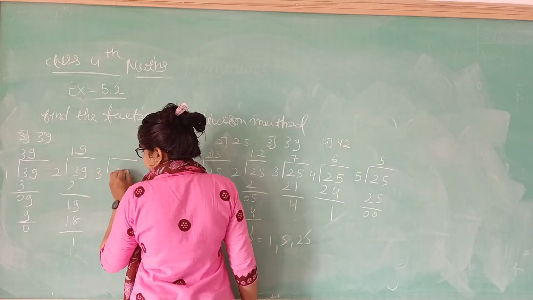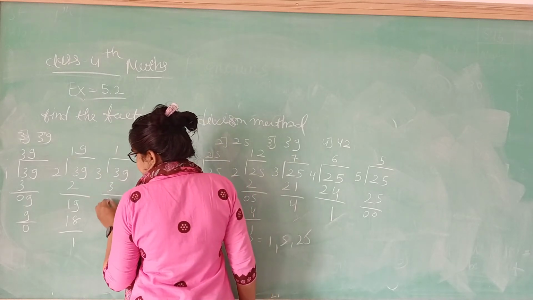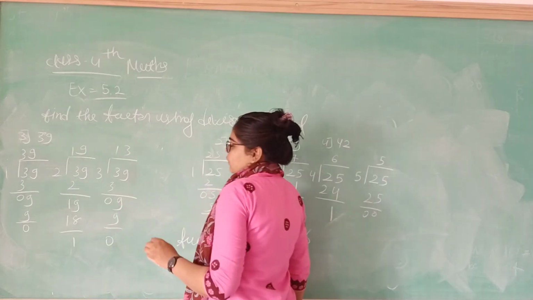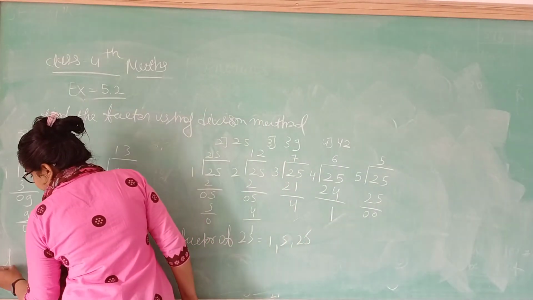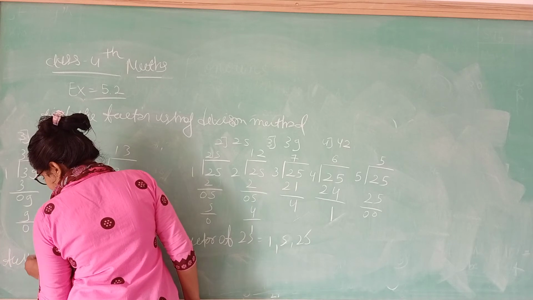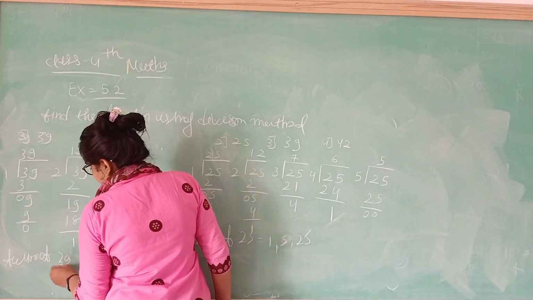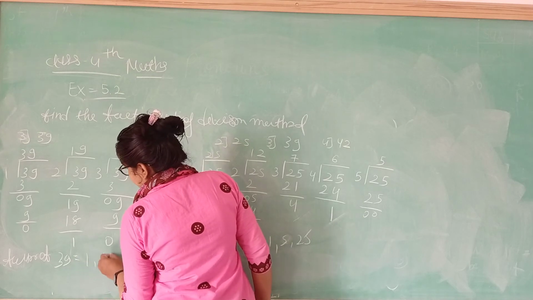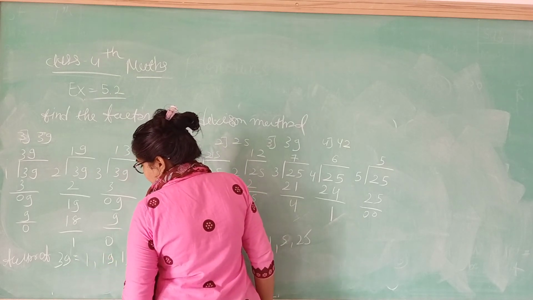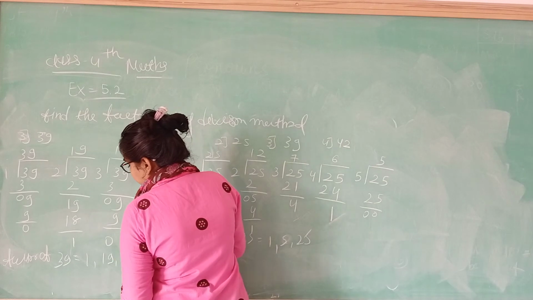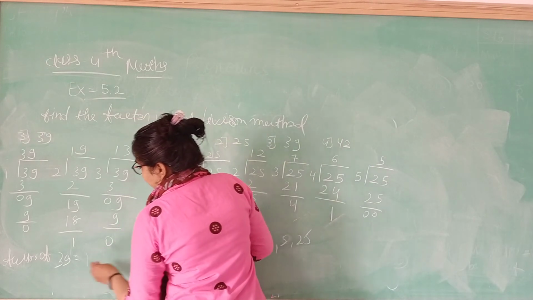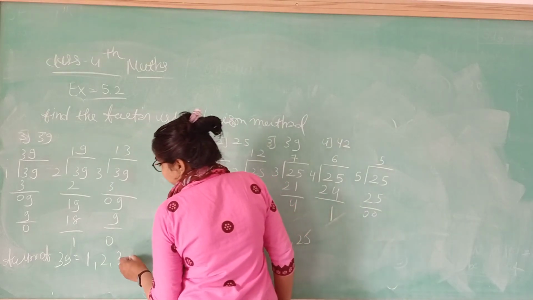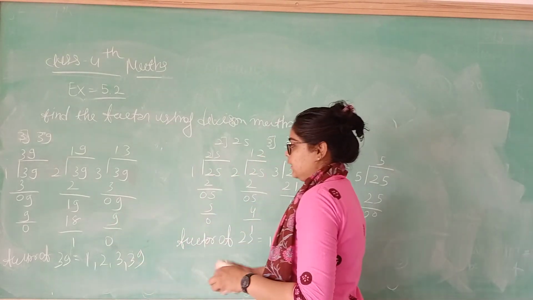Then 3: 3 1s are 3, 0. 3 3s are 9, 0. Okay. So the factors of 39 are 1, 3, 13, and the number itself, 39.